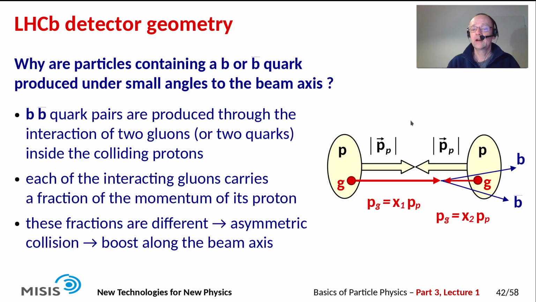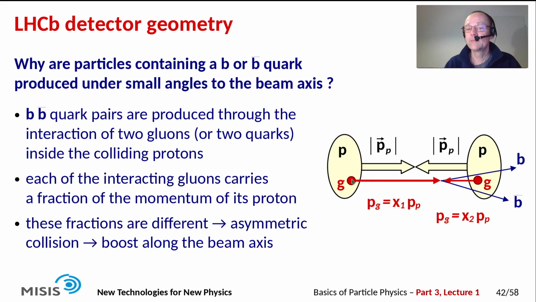So why are these B and anti-B quarks produced under small angles with respect to the beam axis? Here we come back to something that we discussed already in the context of production of Higgs bosons. The B and anti-B quark pairs are produced not in the interaction of two protons, but by the interaction of two of the gluons inside the proton.